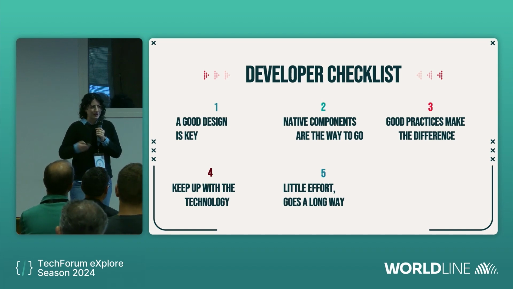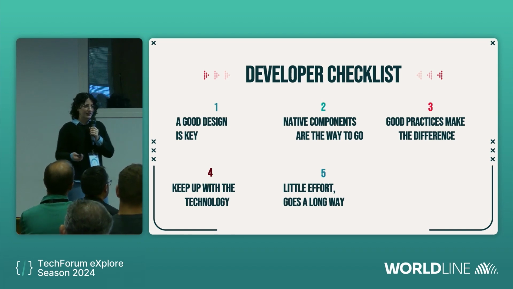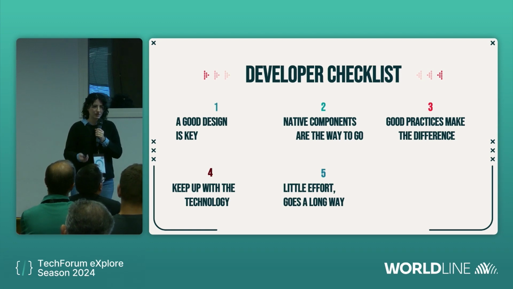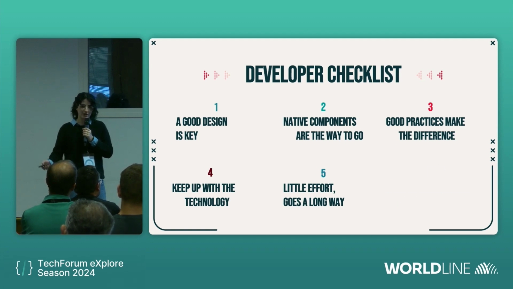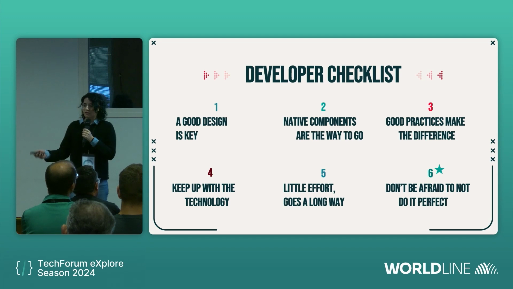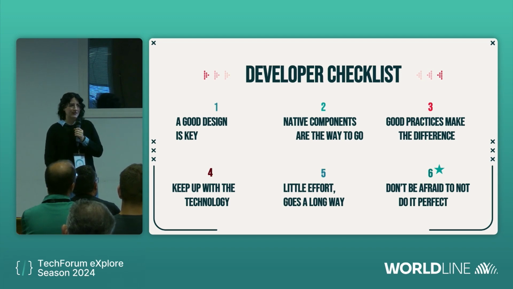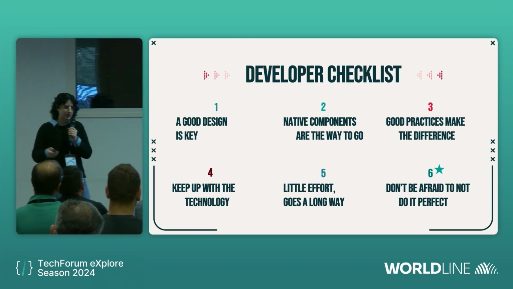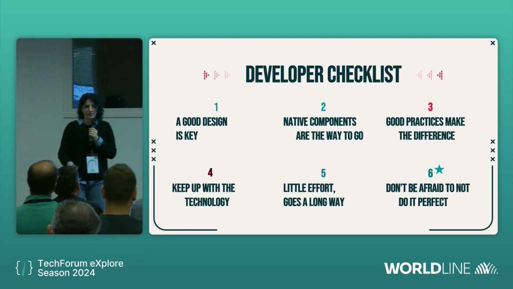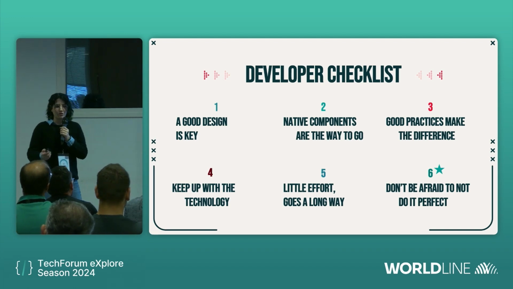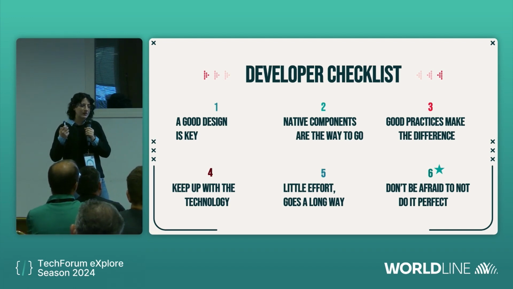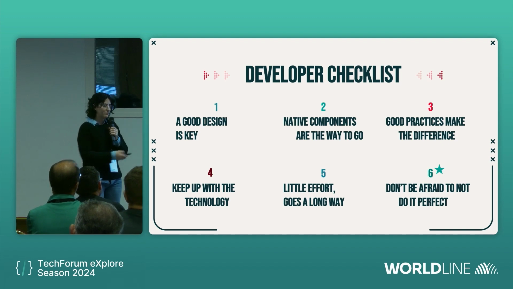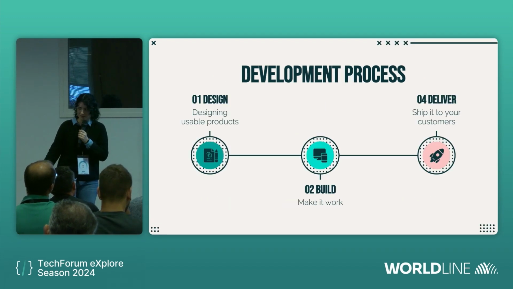It's normal that we are short of time and have a lot of things to do, but just doing a little already improves the quality of your product. And don't be afraid to not do it perfectly. Users will not judge you for not adding the correct description or forgetting some little detail. If you are already working on it, you will improve over time, you will get better at it, and users will notice.